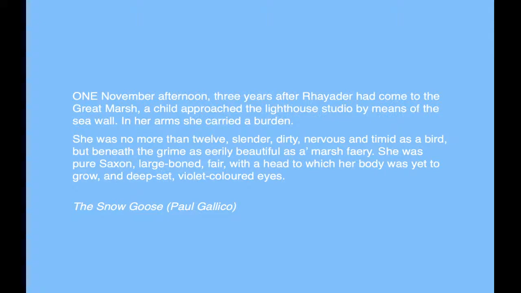Now, there are 2 impossible aspects of language. They are nervous and timid as a bird, and they also are as eerily beautiful as a marsh fairy. So we've got 2 examples of simile there, as beautiful as a marsh fairy and as timid as a bird.